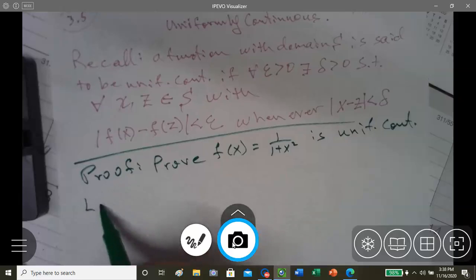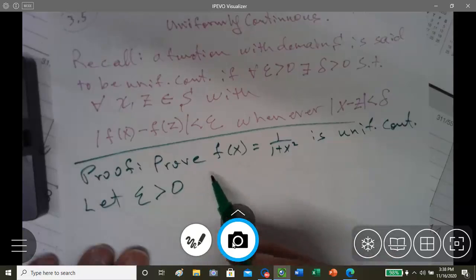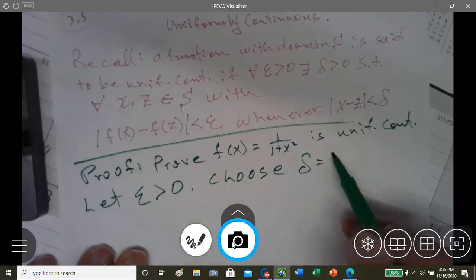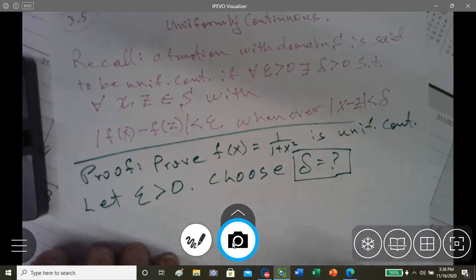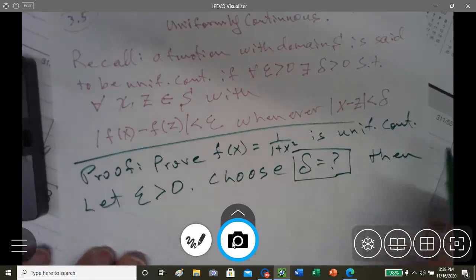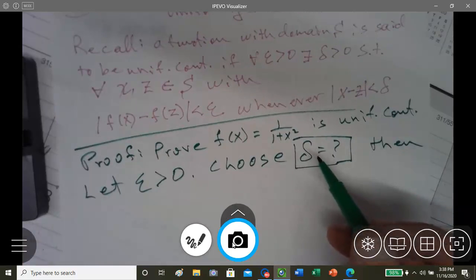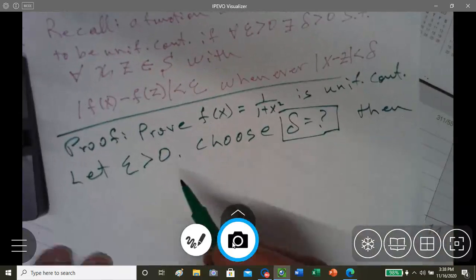So we want to let epsilon be greater than 0. We want to choose a delta, but we don't know what that delta is yet. So we're going to have to figure that out using scratch work again. We're going to set the framework of our proof, figure out what delta is, and then go back and write our formal proof.